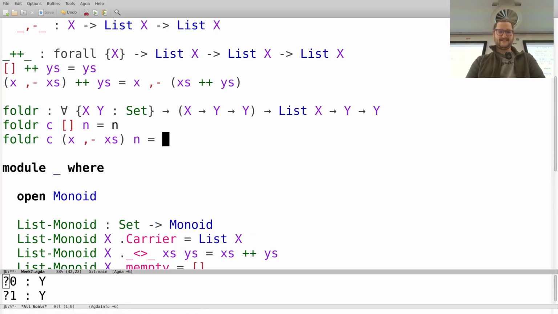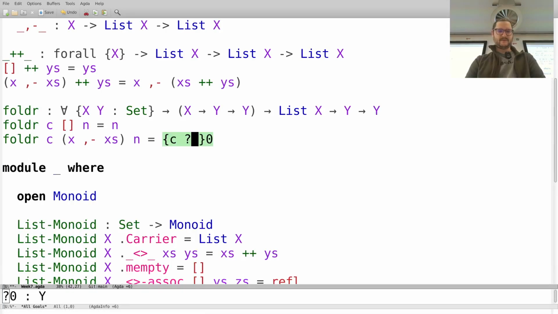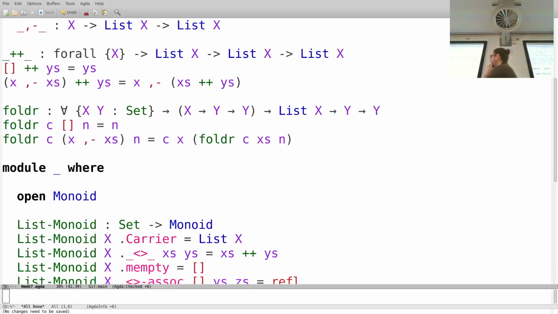Oh, maybe not. The implementation of this thing should be something like this. So if the list is empty, you just return the base value that you had.